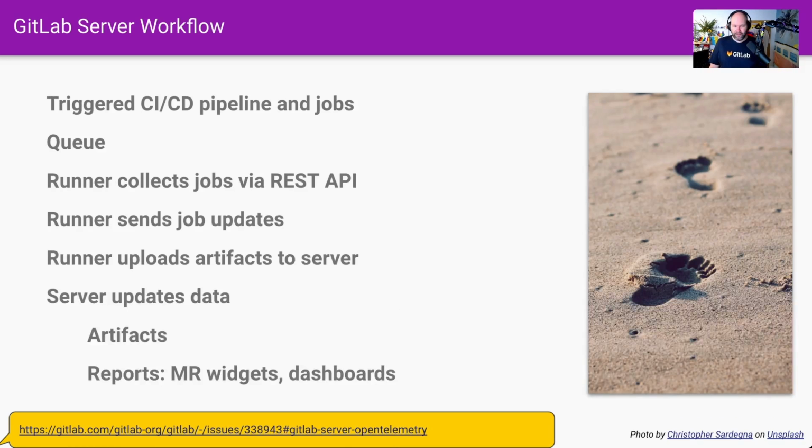Now, thinking about the GitLab server workflow, it's a huge thing, and it's like the surrounding umbrella to everything. So the CI/CD pipeline gets executed. There is a queue. The runner connects via the REST API, collects the jobs, sends back the job updates in an incremental stream.